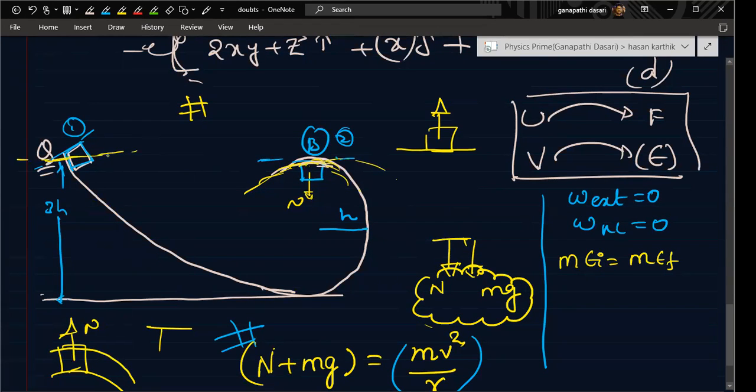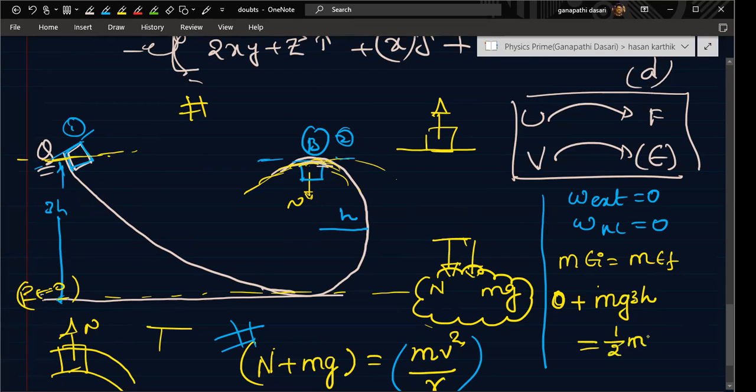Initially, at this point, I'm considering this as the potential energy reference line, equal to zero. So kinetic energy is what? Zero, right? Because it starts sliding. So plus potential energy is how much? mg into 3h, right? mg3h. That is equal to mechanical energy final.